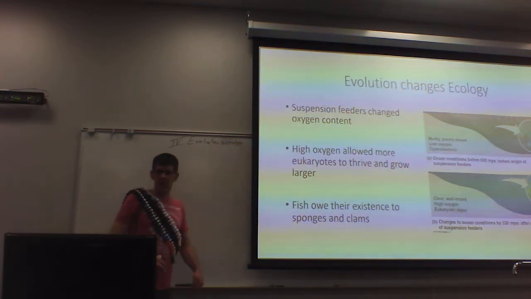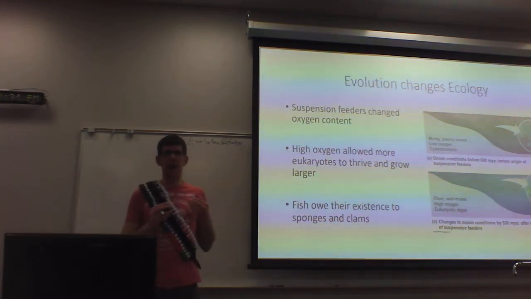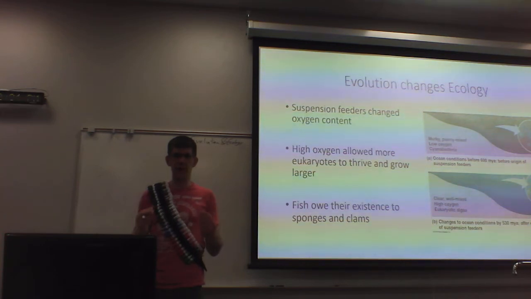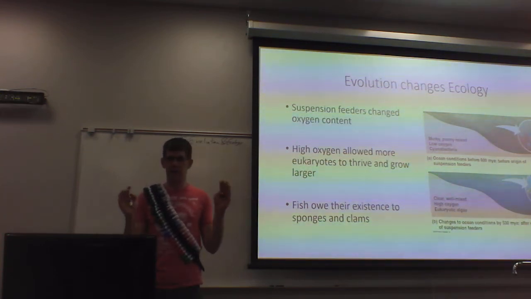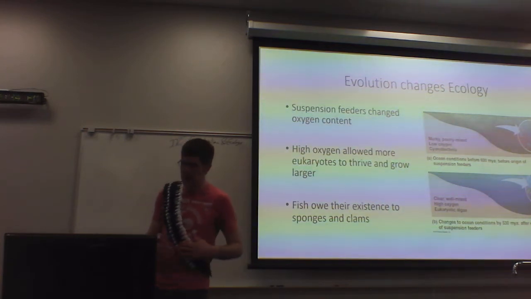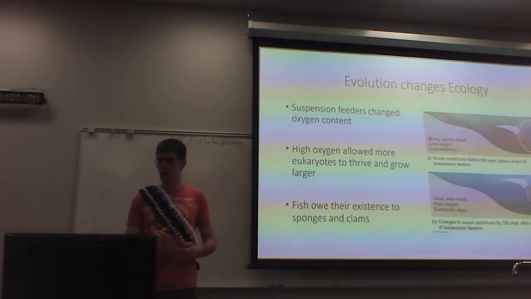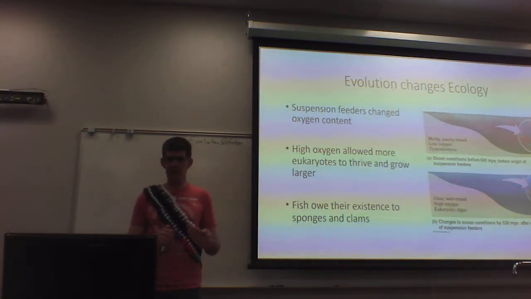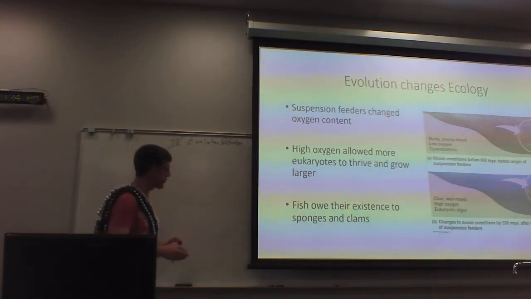So an ecosystem is the abiotic and biotic factors that make up a region. All the animals, soil, oxygen content of the air, rainfall, all of that is the ecosystem. The ecosystem of old waters was, well, low, murky, poorly mixed, low oxygen kind of areas.